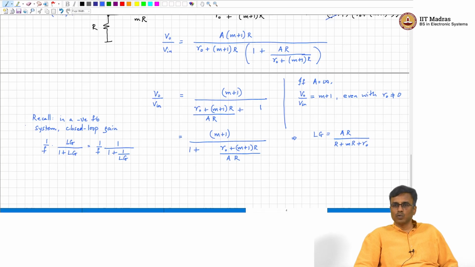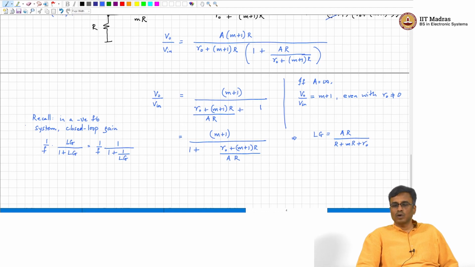If R naught was 0, what would be the loop gain? A by 1 plus M, right? Now that the loop gain has changed to AR by M plus 1 R plus R naught.